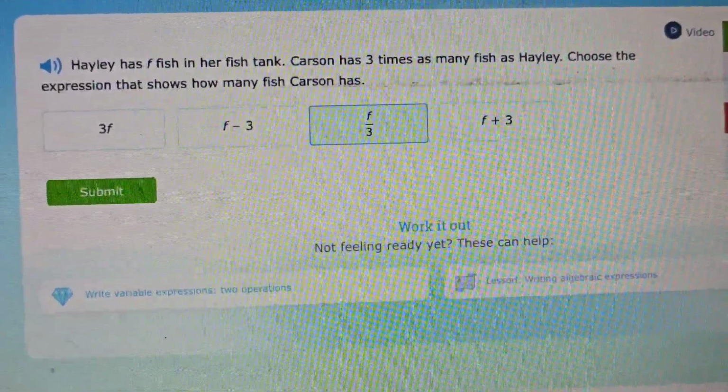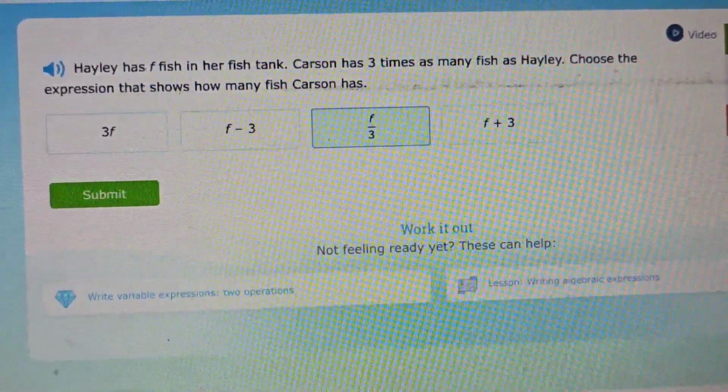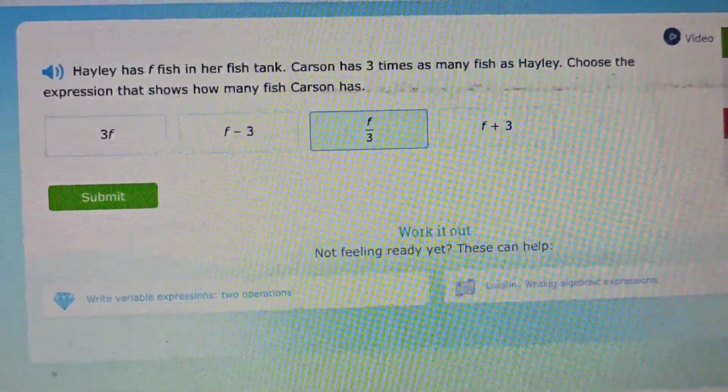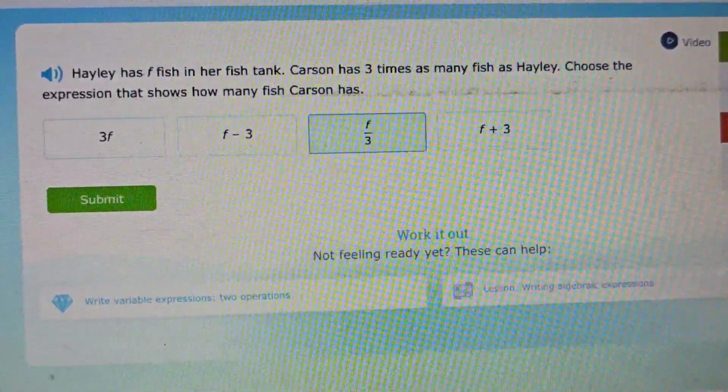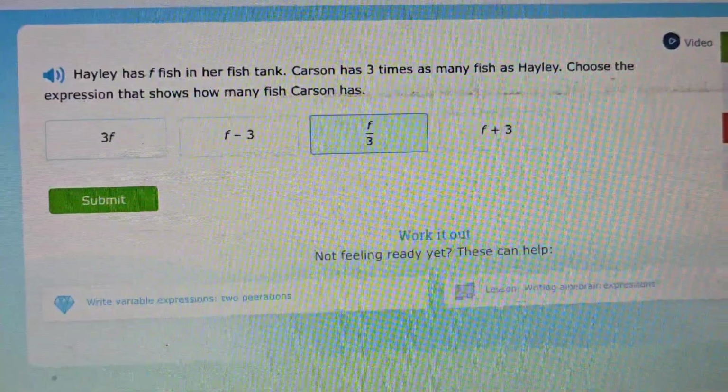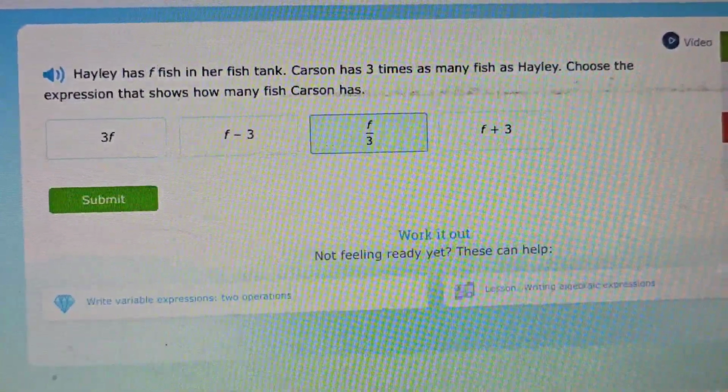If Haley has 5 fish in her fish tank and Carson has 3 times as many fish as Haley, what would you do to find how many fish Carson has?